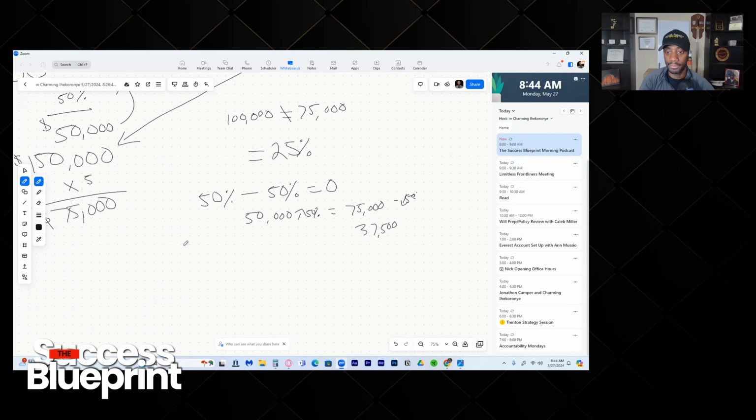Okay. So that's where you're at. 75 is what you got to, but then you lost 50%. So your overall net loss, 37,500 divided by 50,000, once again equals 25%. That's your net loss.